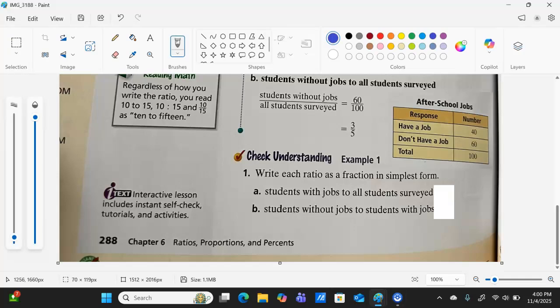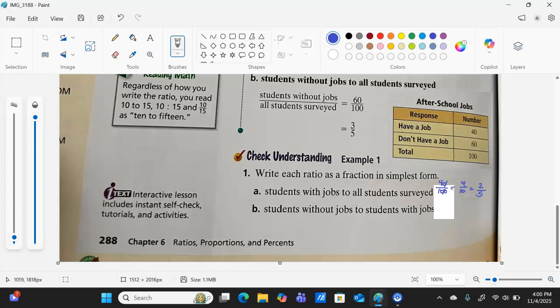And then I copied this graph so we could do these right here. Write each ratio as a fraction in its simplest form. Students with jobs, which is 40, to all of the students surveyed, which would be 100. That very quickly reduces to 4 over 10, which is both divisible by 2. So we get 2/5.